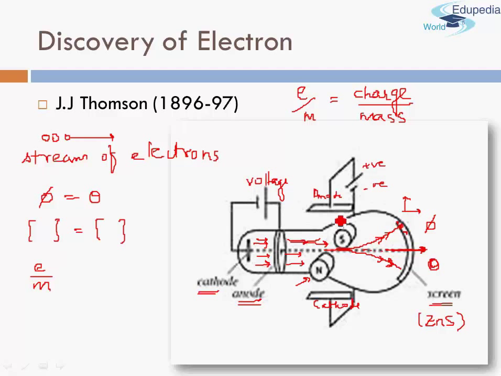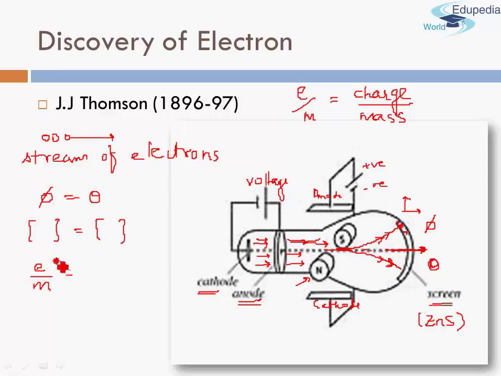He knew the magnetic force that he was applying here because he was the one who used the magnet. He also knew the electric field present here because he was the one to supply the electricity. So he knew the values of the forces and he could calculate the values of the deflections. So using this equation, he came up with this number, the charge to mass ratio.